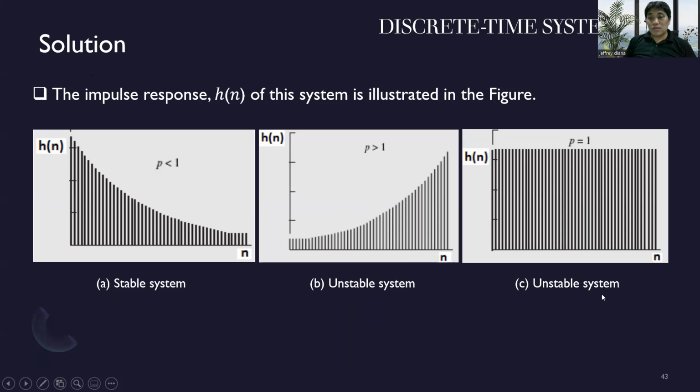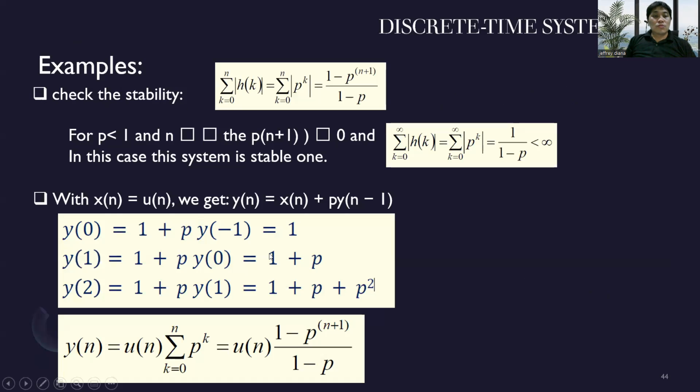And this is also an unstable system if p is equal to 1. So here is the check of stability for p less than 1, p to the power of n plus 1, 0. And in this case, the system is the stable one.